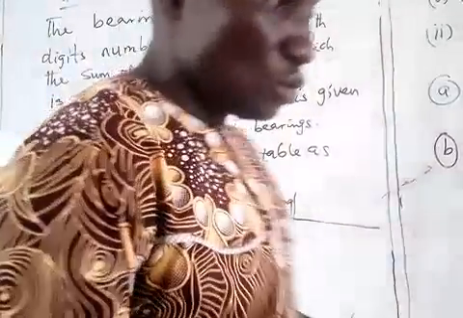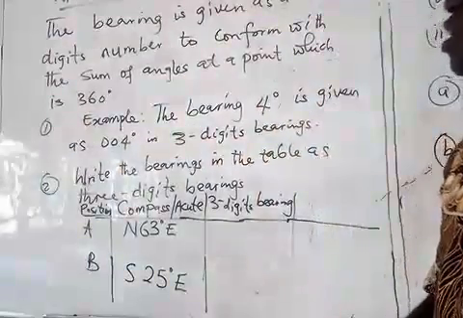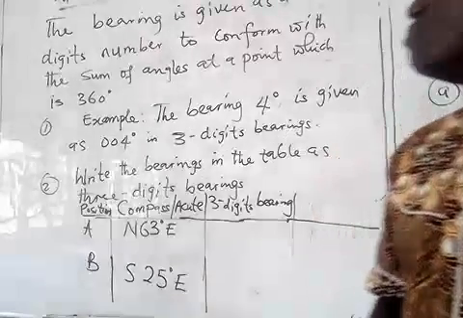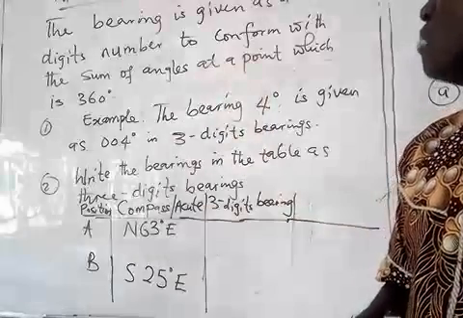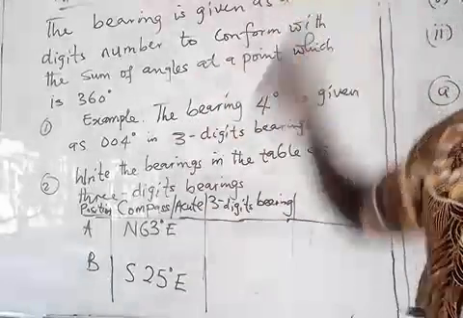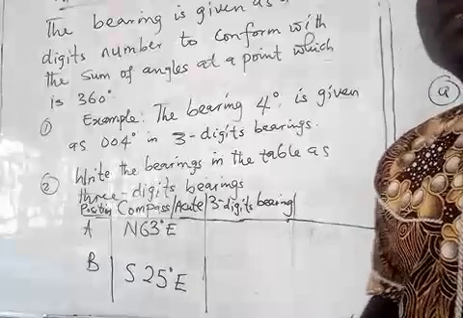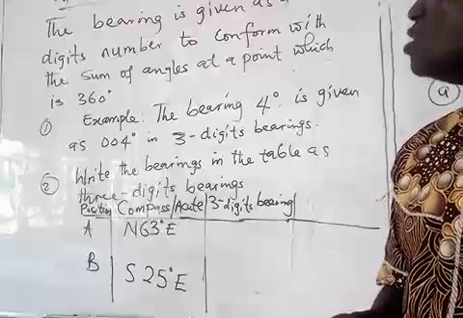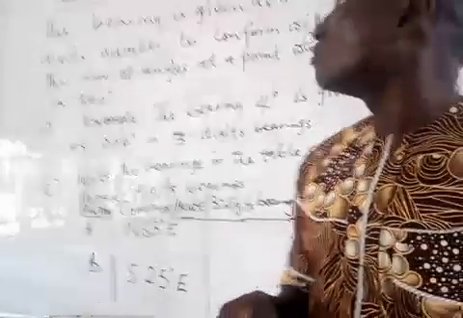Remember, I told you earlier that there are two ways of measuring bearing. You have the acute angle bearing or the compass bearing method. Then we have the three-digit bearing method, also called the surveyor's bearing. It is used by surveyors, pilots, and sailors in their journeys. So they use this method to measure their bearing.